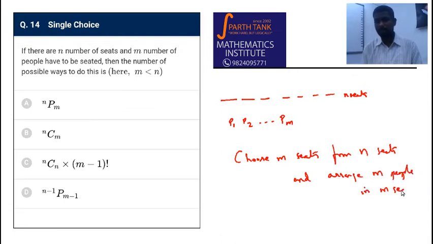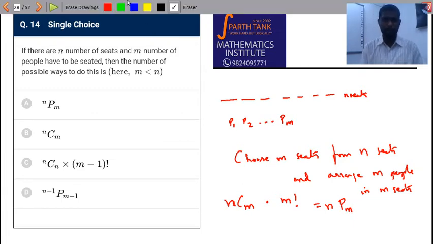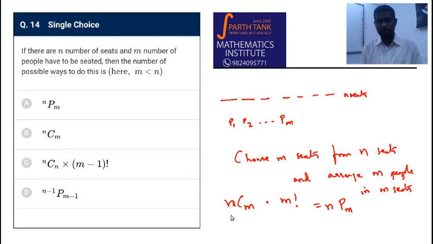Mathematically, choosing m seats from n seats is nCm, selections, combinations. Arranging m people in m seats is m factorial. Now, what is nCm times m factorial? It is nPm. So the answer is therefore nPm.